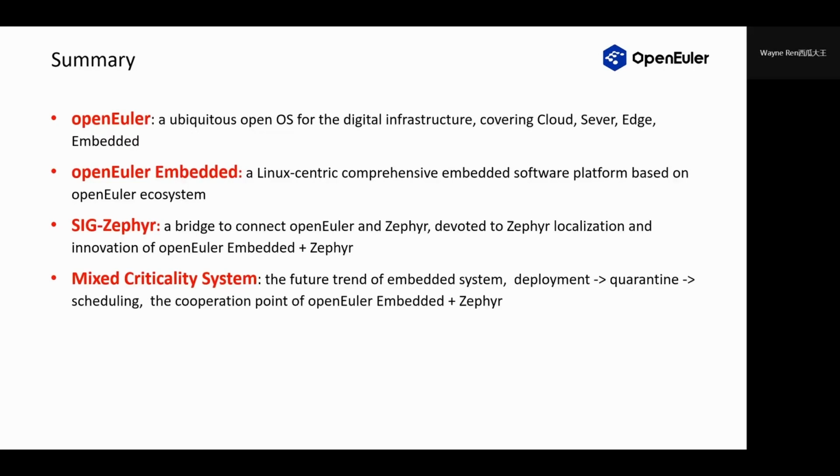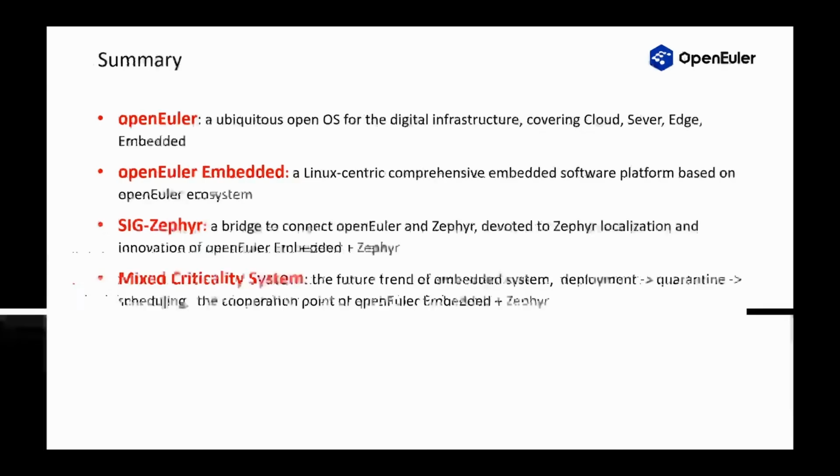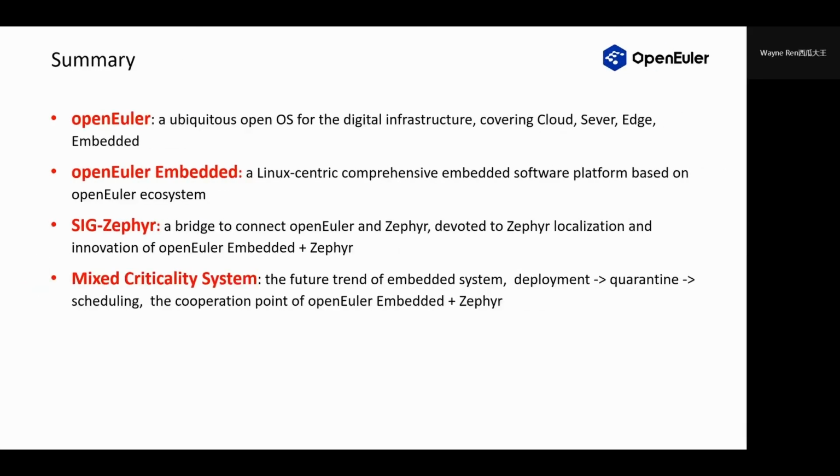Number 3, SIG-Zephyr, a bridge to connect openEuler and Zephyr, devoted to Zephyr localization in China and the innovations of Zephyr plus openEuler embedded. Finally, the mixed criticality system, the future trend of embedded systems, and also the cooperation point of openEuler and Zephyr. So in our approach, there are 3 phases to implement it: deployment, then quarantine, then scheduling.